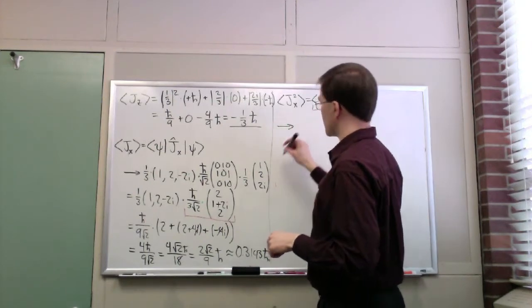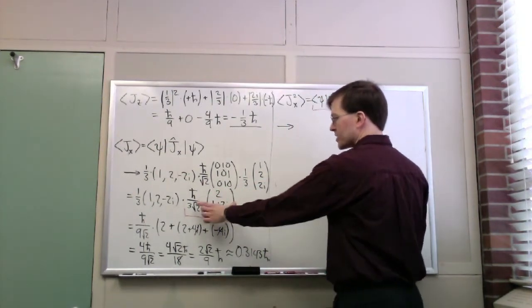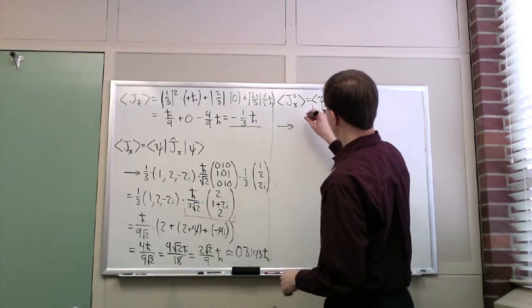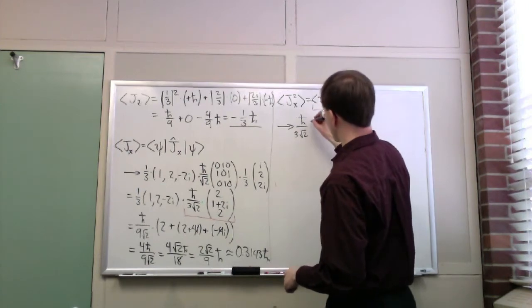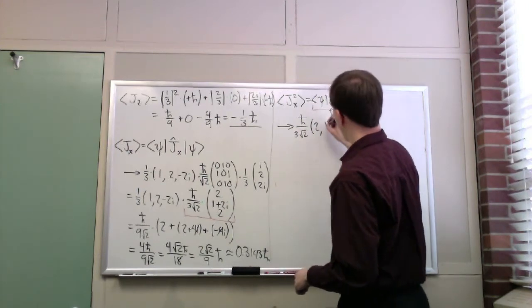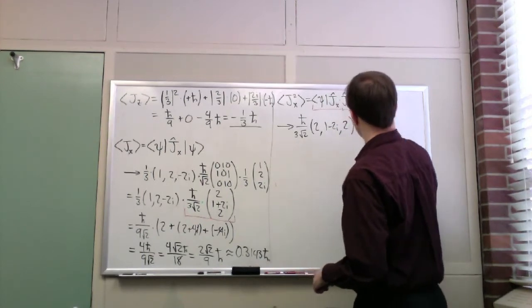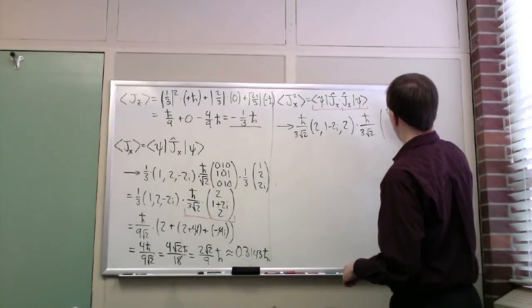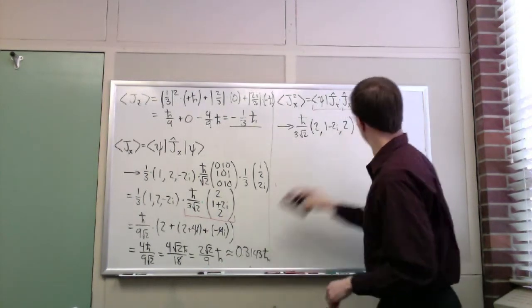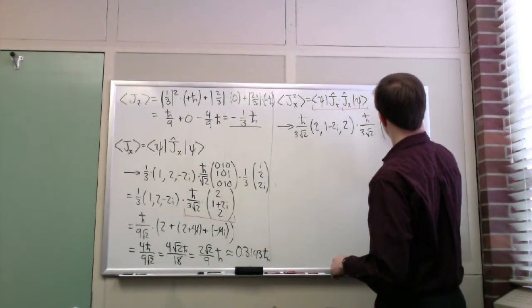In matrix language, represented in the Sz basis, I'm just going to take the conjugate transpose of this times itself. That gives me h bar over 3 square root of 2 times the conjugate transpose, 2, 1 minus 2i, 2, times the original thing, h bar over 3 square root of 2 times the matrix 2, 1 plus 2i, 2.